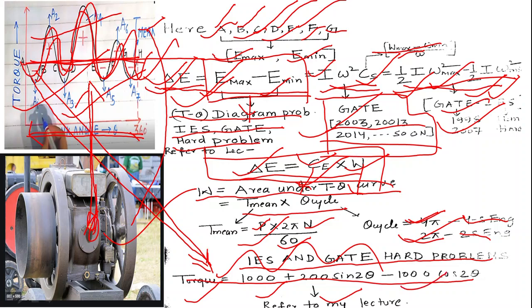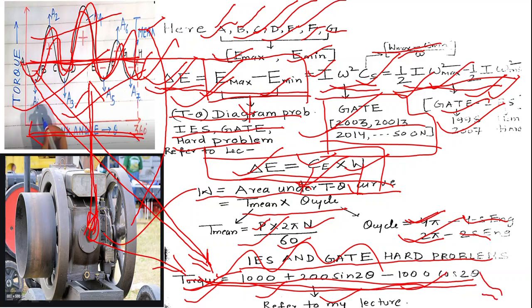In many university examinations this type of problem has been asked, and you can find such problems in GATE also. So you can solve this problem, that is the variation of torque, where the equation of the torque produced by the engine is given in terms of theta, where theta is the angle of revolution of the crank.